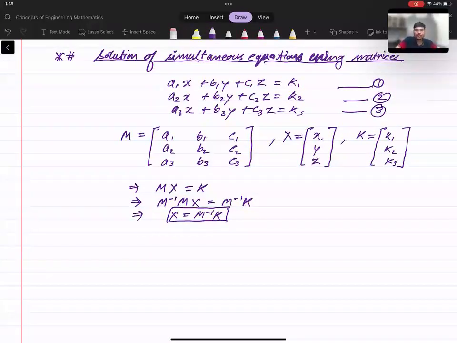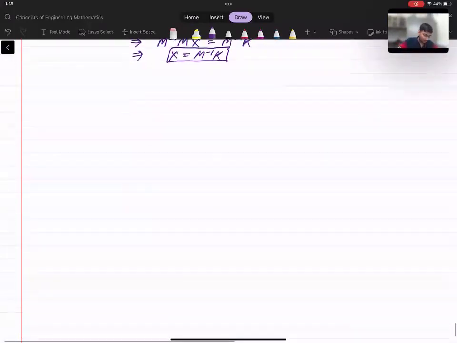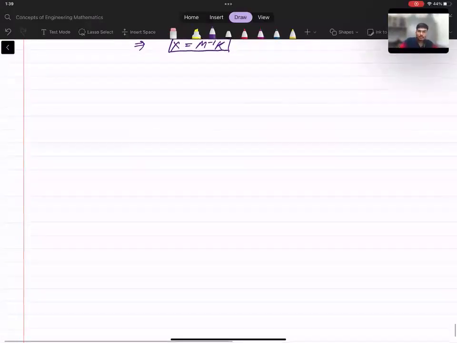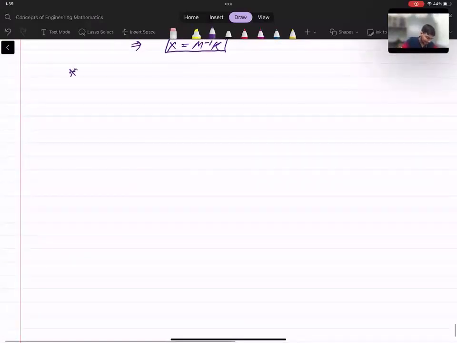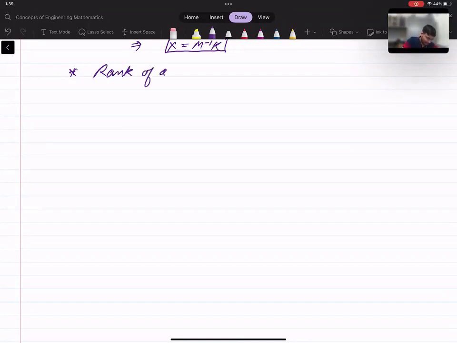Before proceeding to the solution of equations, we need to understand the concept of rank of a matrix. So now let us see what is meant by rank of a matrix. We'll now discuss the rank of a matrix. This will determine the consistency of equations.